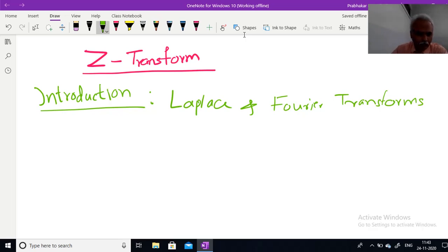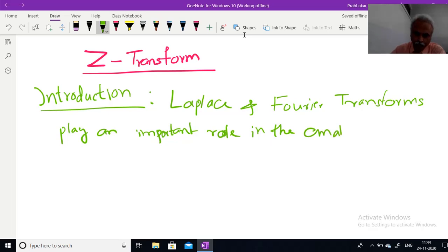These two play an important role whenever the system is a continuous system, in the analysis of continuous types of structures or continuous systems.